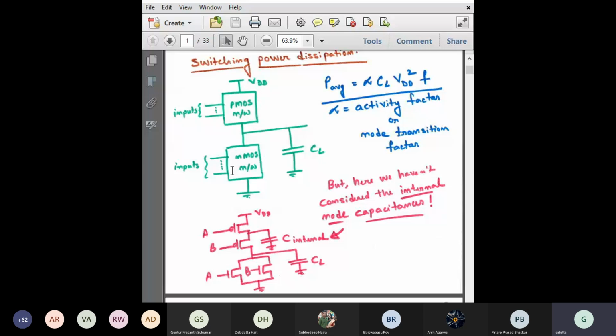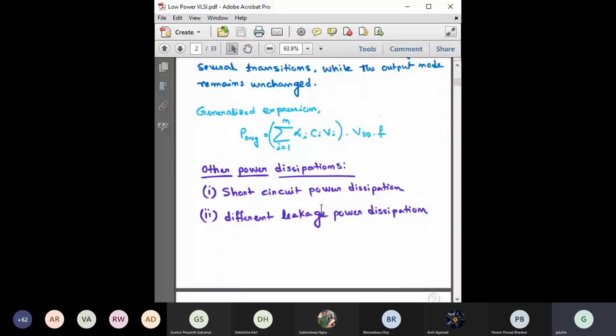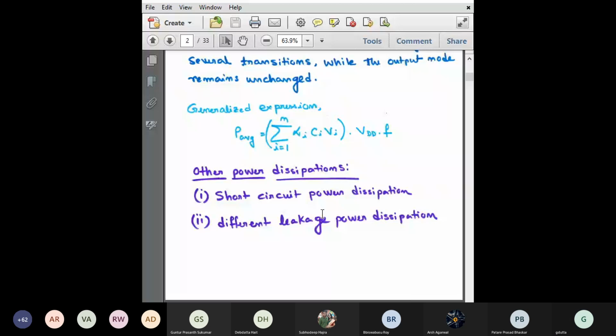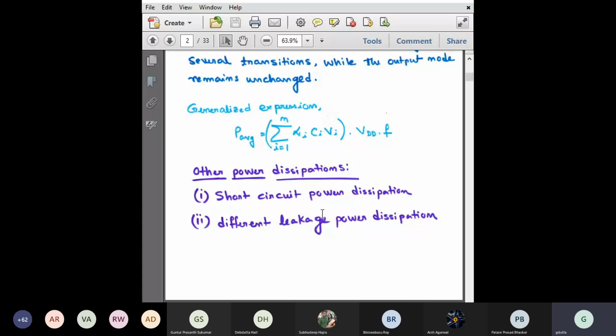That is called the short circuit power dissipation. You can reduce it by changing the slope of the input and output waveforms, because with a slower slope, both PMOS and NMOS would be on for more time. So this is the short circuit power dissipation.